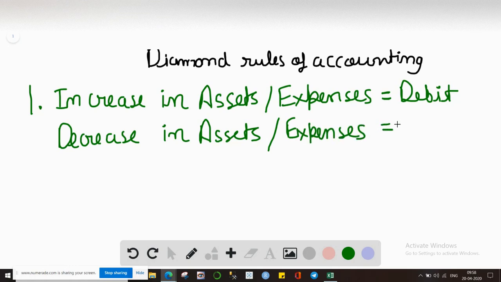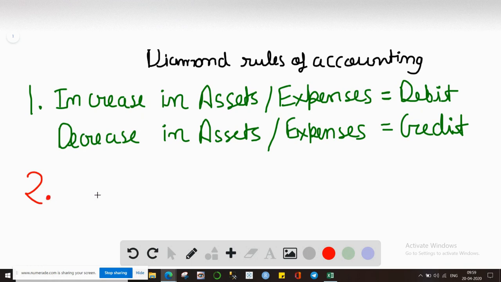Is that clear? There is no logic behind this. These are just the traditional terms, like there is no alternative definition of gravity, that is why it has been invented. That is similar to the diamond rules of accounting.